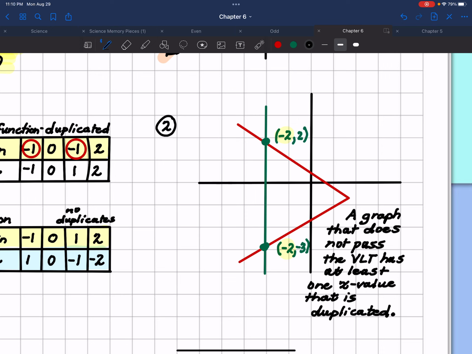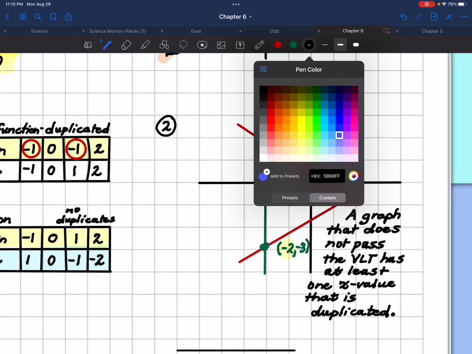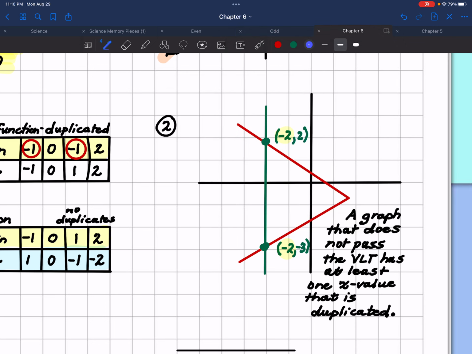This one happens to have more than one. Let me change colors and I'll show you what I mean. What if I put a vertical line right here? So you've got this point and this point. This is at negative 1, 1. This is at negative 1, negative 2.